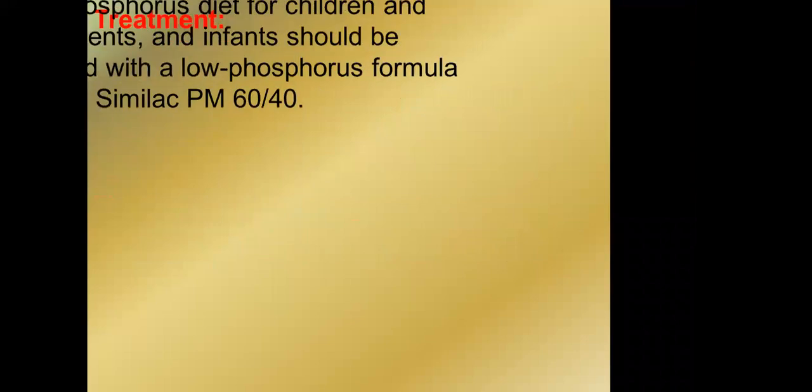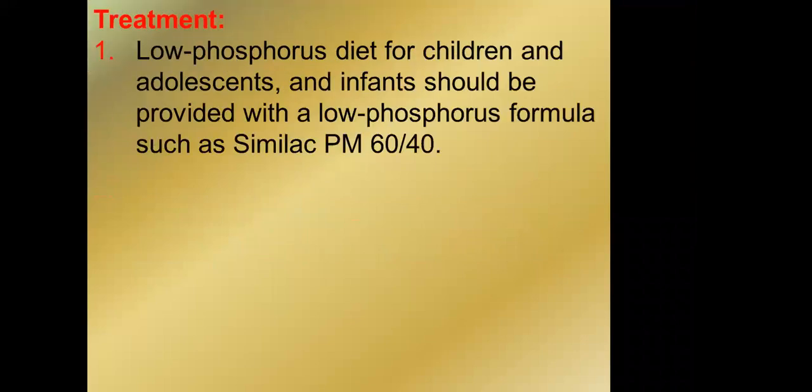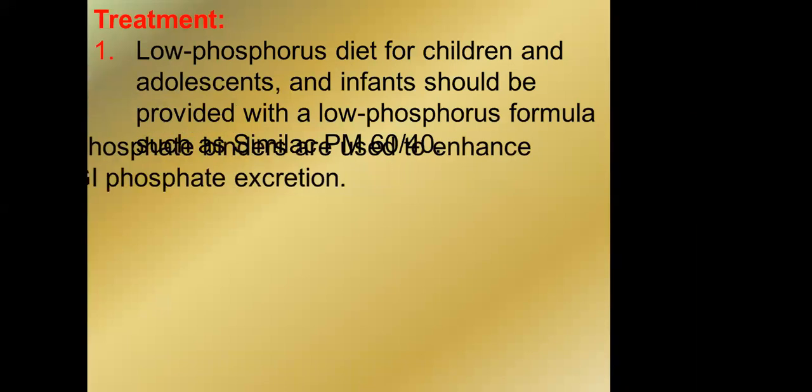For these goals, a low phosphorus diet for children and adolescents, and infants should be provided with low phosphorus formula such as Similac PM 60/40. This is a special formula by the Similac company, which contains low phosphate content.